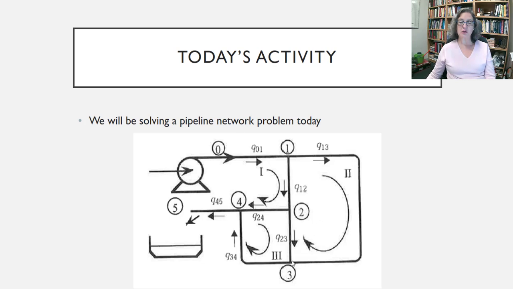But this joins back in here. And so this and this combine to make this, this and this combine to make this, and will flow on into the tank, whatever's left. Now notice this particular pipe network doesn't have a lot of extra, like a house over here, so some water's being withdrawn. Trying to keep this pretty simple.